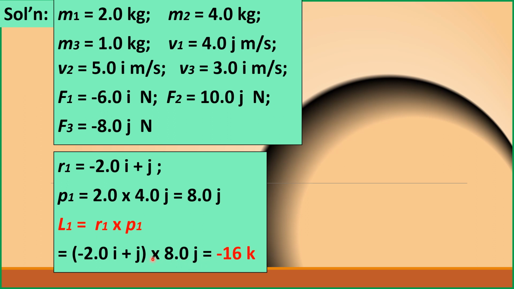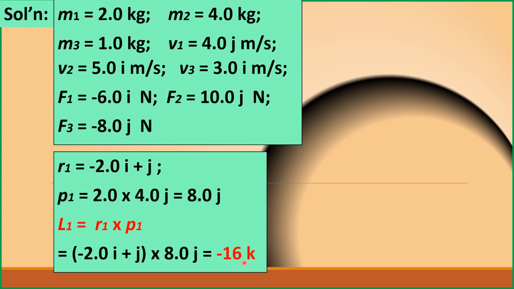So when we do our vector multiplication, when we multiply negative 2.0i by 8.0j, the vector product will be equal to negative 16k. The magnitude is 16. We get the sign of this vector product with the help of our right hand rule.